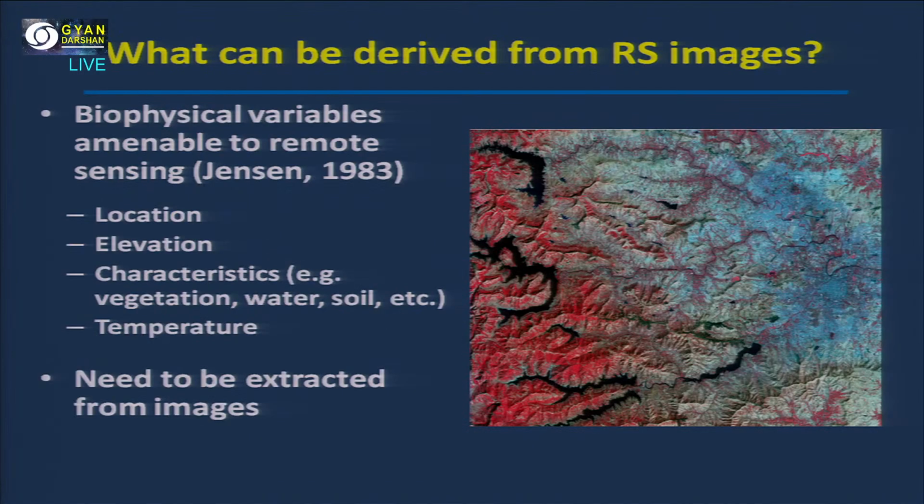Now what can be derived from a remote sensing image? You see information about biophysical variables like location, elevation, and characteristics like vegetation, water, soil, temperature. However, this information needs to be extracted from images.